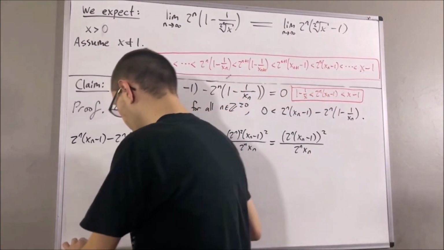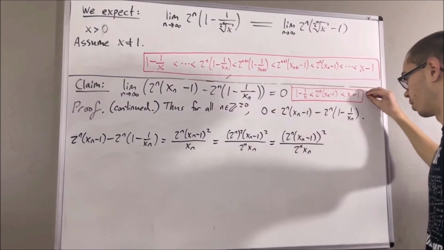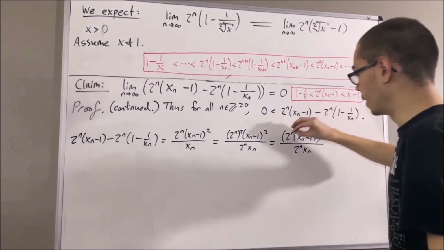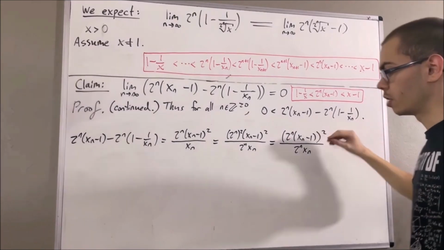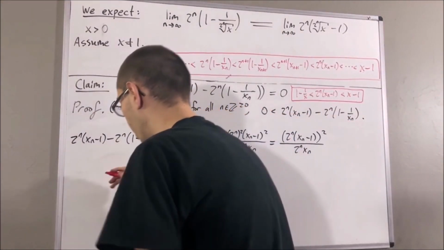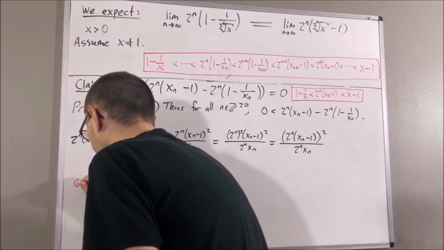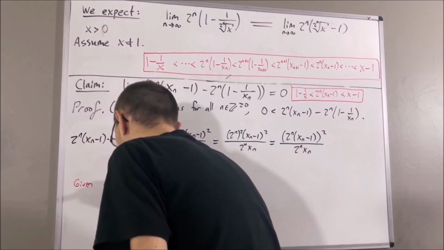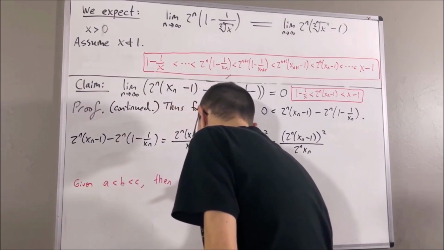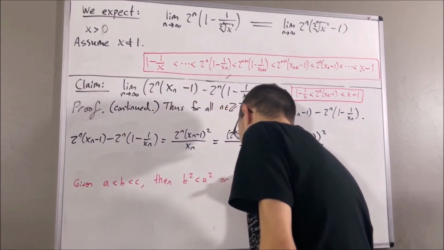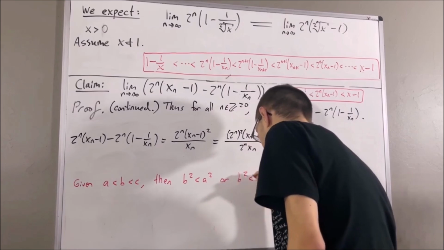And actually, we can use this inequality to get an upper bound for the term in the numerator. And to see how we can do that, well, we have the general property regarding real numbers. If we are given a is less than b is less than c, then that implies either b squared is less than a squared or b squared is less than c squared.